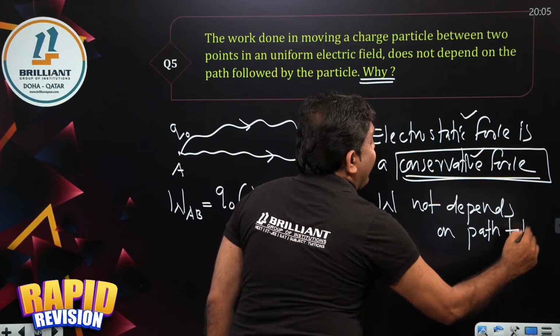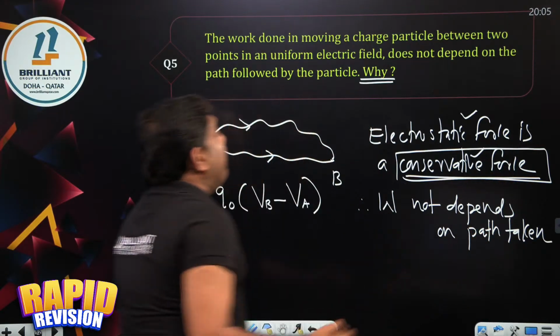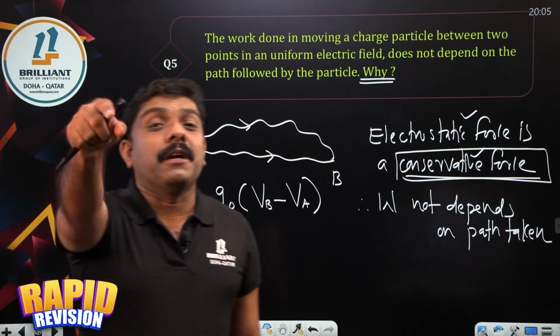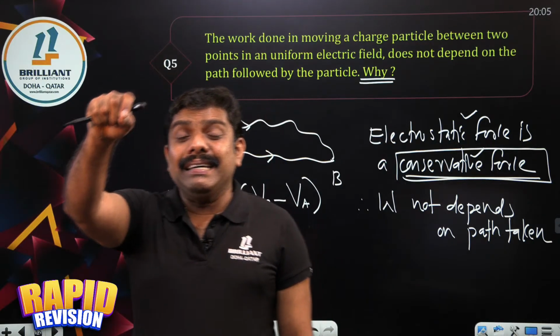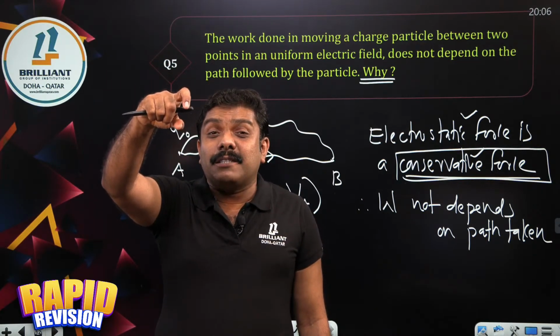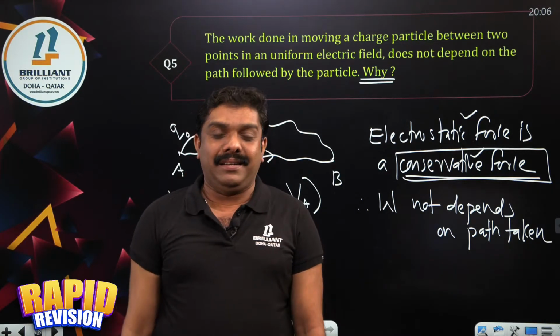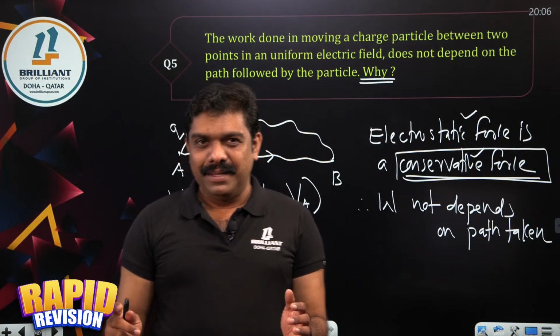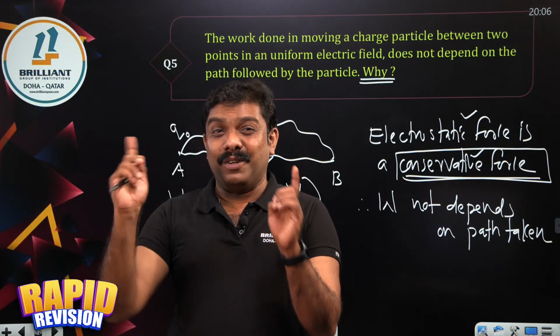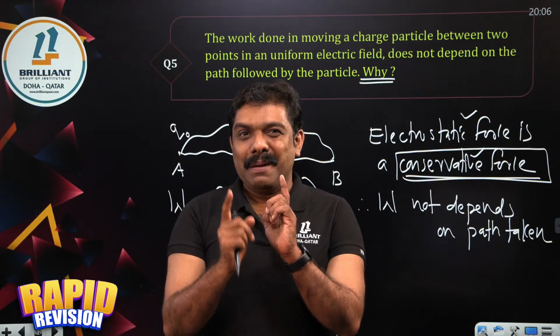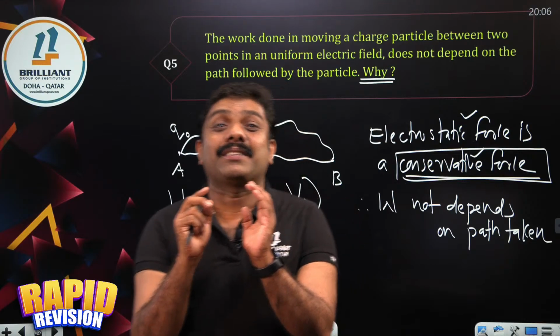Here occasionally I can mention one important question. In chapter 1, we studied there is a basic difference between electric field lines and magnetic field lines. You know what the difference is? Electric field line is not a closed loop, but magnetic field line is a closed loop.